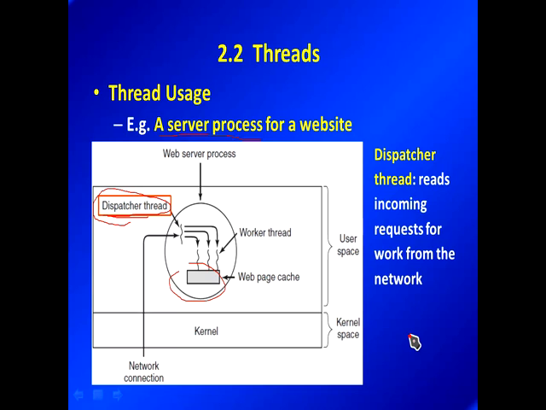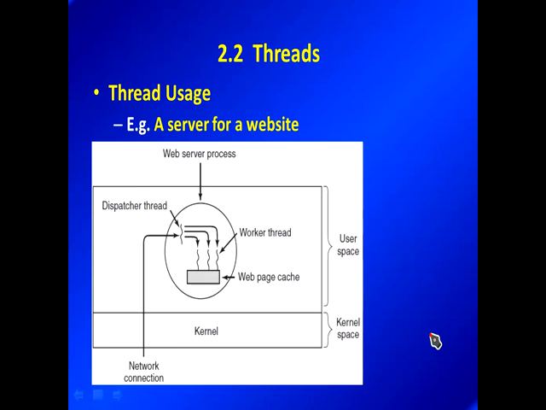After that, we can see there are multiple worker threads in this web service process. After a worker gets the request from the dispatcher thread, it runs its own instructions, maybe on a separate physical CPU, because usually there are multiple CPUs in the server of a website.